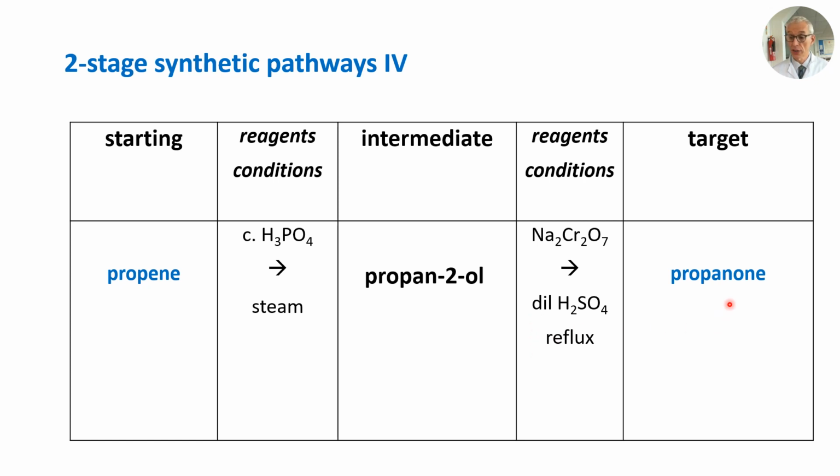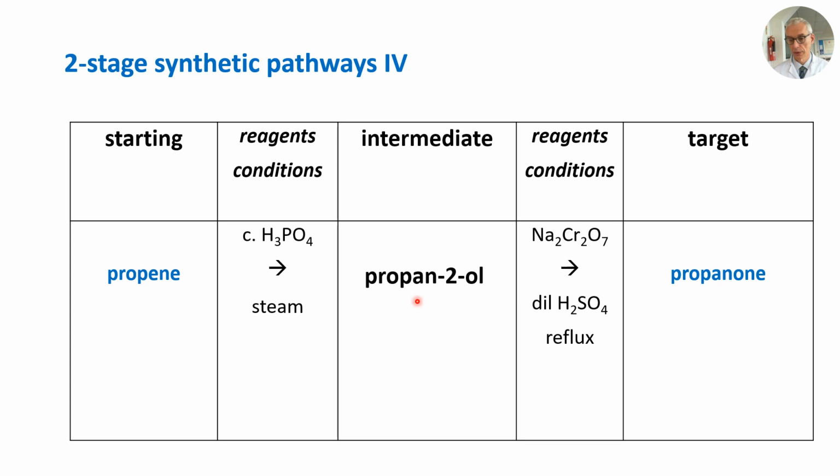Now this is a good example of how these synthetic pathways may best be solved by starting with the target molecule. The question might be, okay, propanone is my target. From which molecules can propanone be made? Well, there's only one in the OCR specification, and that is propan 2-ol.